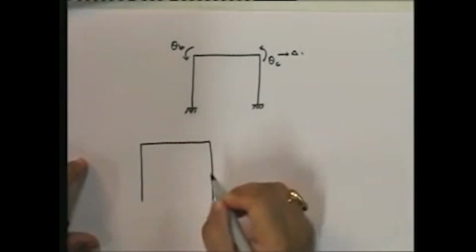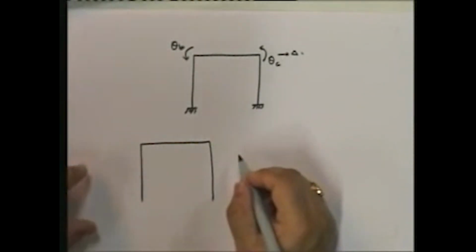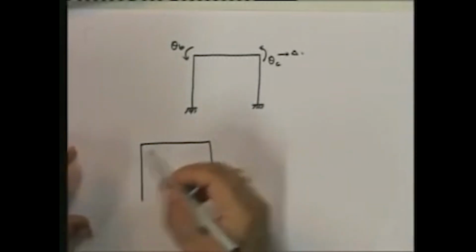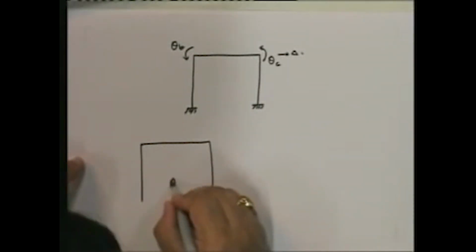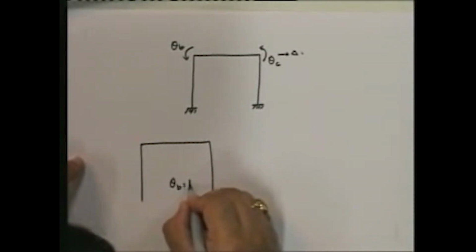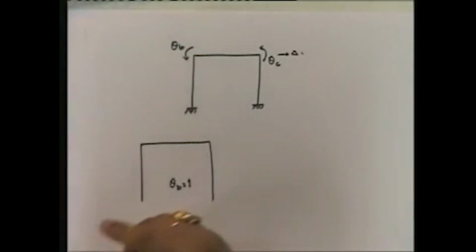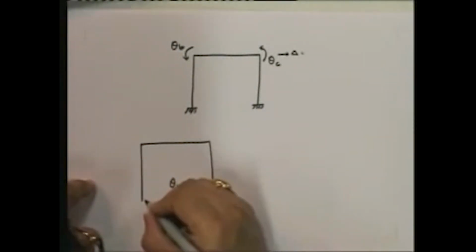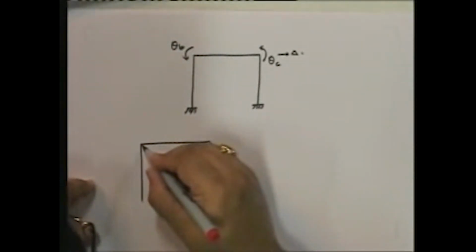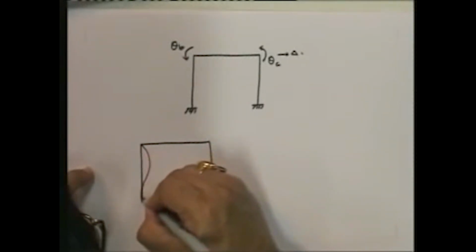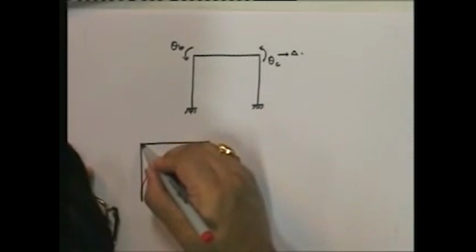So here I am going to draw what happens when you have theta B. Since I need to evaluate it together, I'm going to draw it piece by piece. So theta B is equal to 1. How will the displacement look? It's going to go like this.